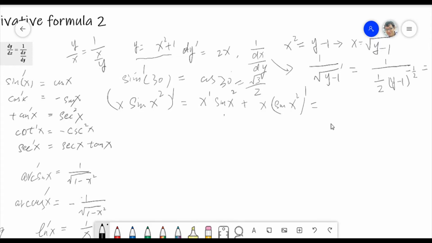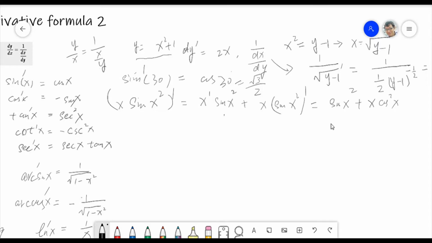x prime is equal to 1, so the first term is sine x squared. The second term is a straight copy of x, and then the derivative of sine x squared is cosine x squared. That's not finished yet, because the inside is x squared, so we have to take its derivative again.